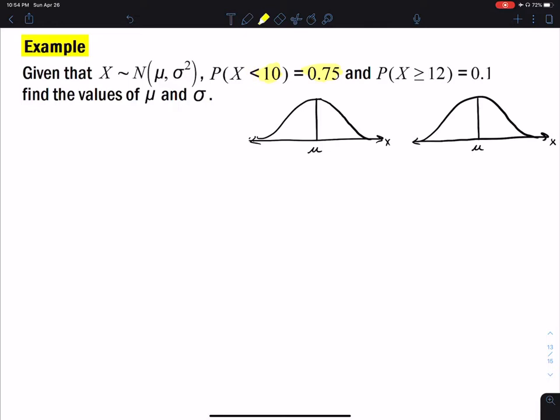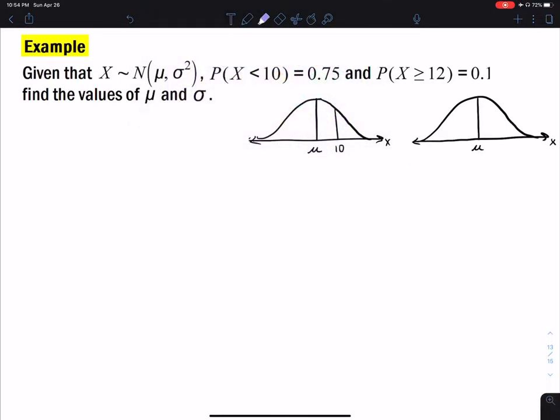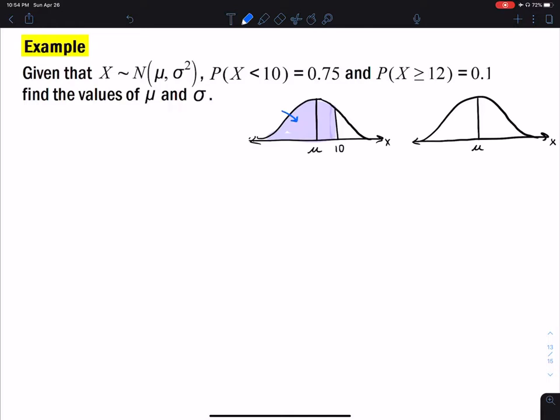Since 75% is more than 50%, then we know that 10 is going to lie to the right side of the mean, because this shaded area to the left of 10 is 75%, or 0.75. Make sense? And so we will calculate our z-score here in a second that correlates to 10.